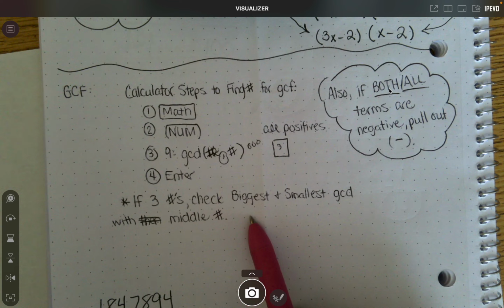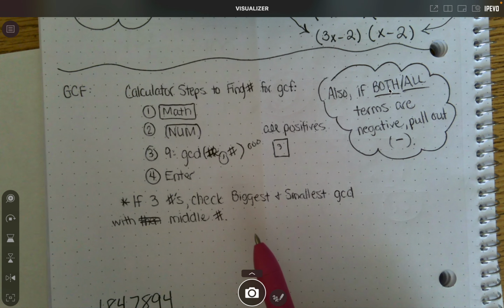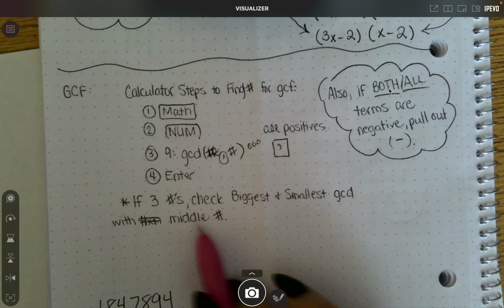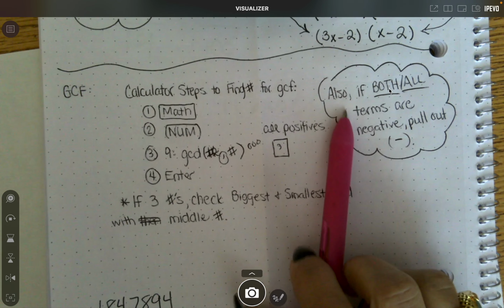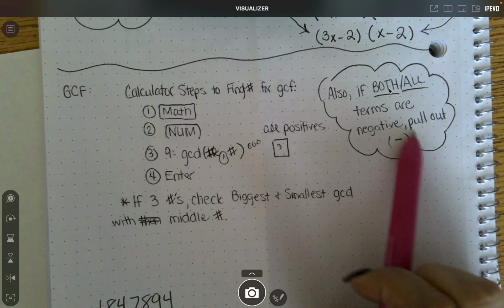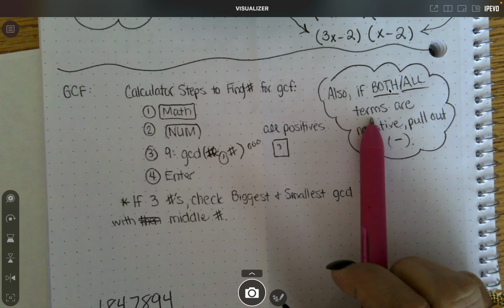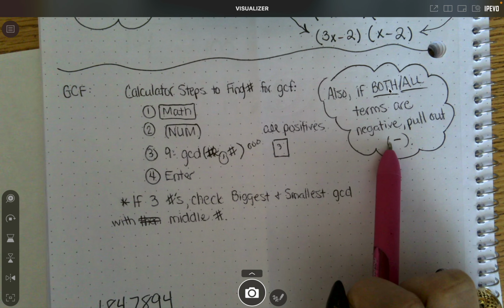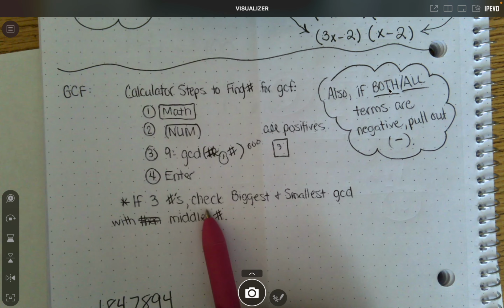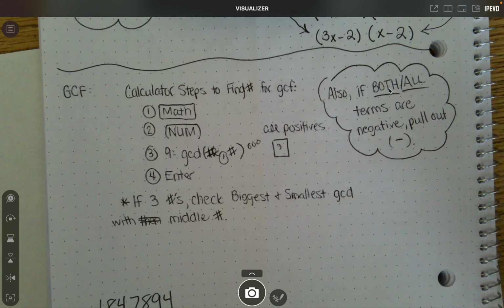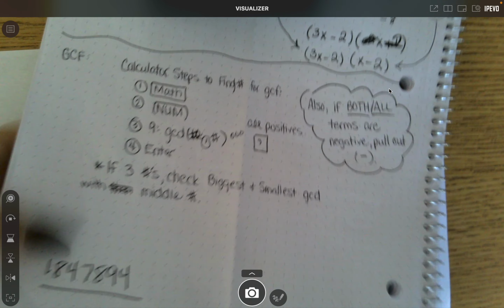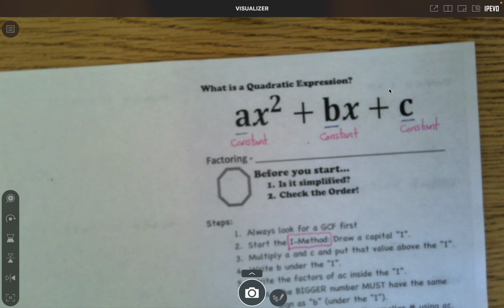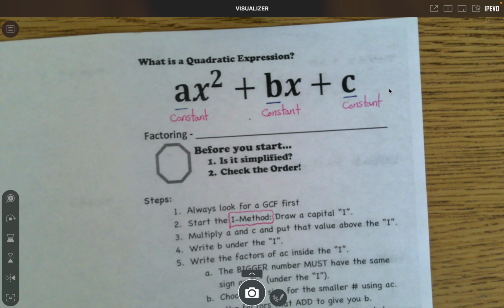If your GCD becomes 1, then there is no GCD. We talked about this yesterday. If you have a negative number, always put positive and pull out that negative. The other thing is, after you found your GCD, you need to check those numbers to make sure if they don't have any negative in common on all three numbers.